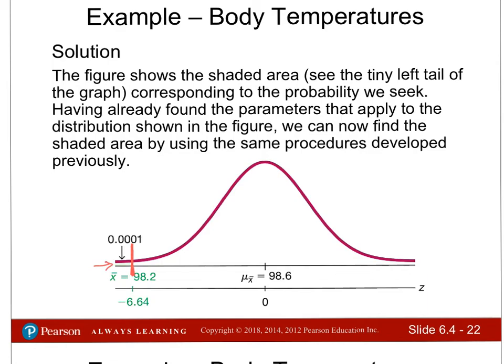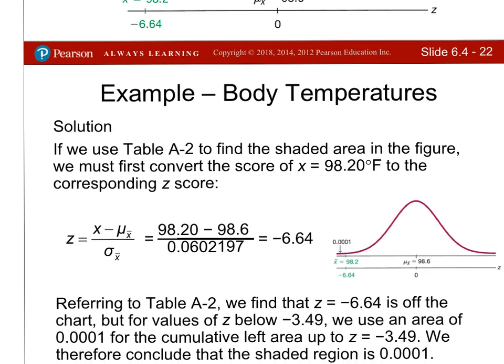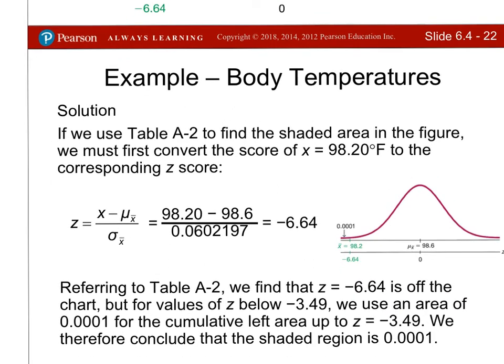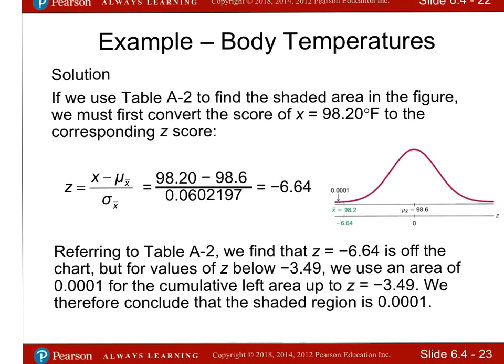And so we find the z-score of that point, right? And there's the z-score. So you find the z-score of your boundary: 98.2 minus 98.6 divided by 0.0602 equals negative 6.64. We look that up in the table.